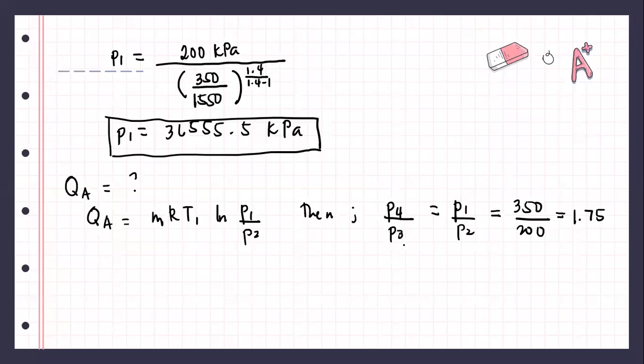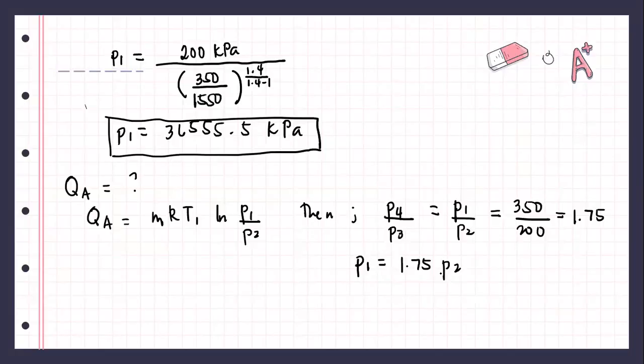According, we have P4 over P3 is equal to 1.75. Therefore, P1 is equal to 1.75 P2.